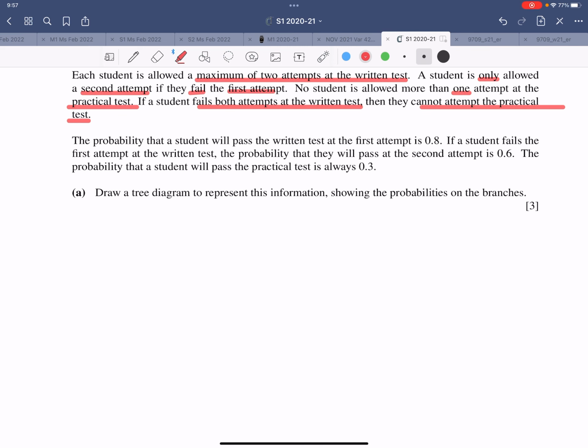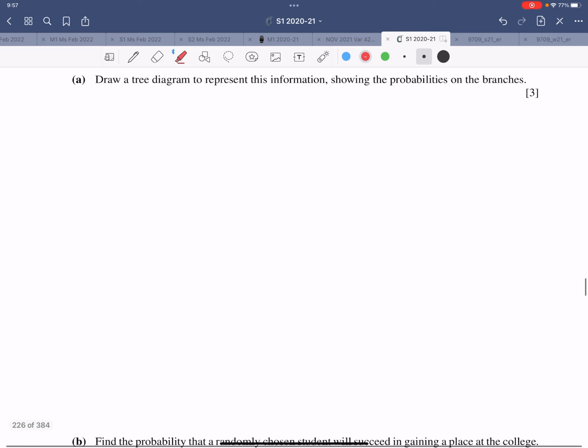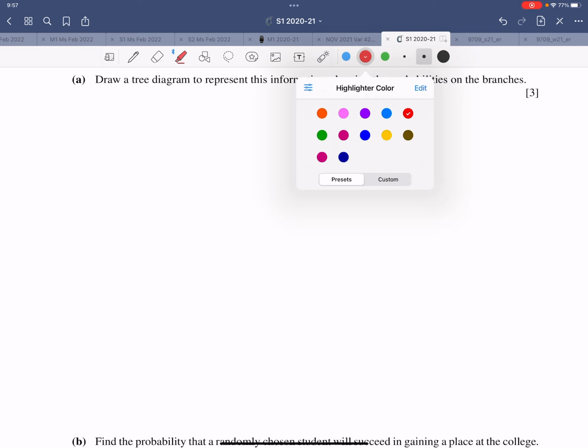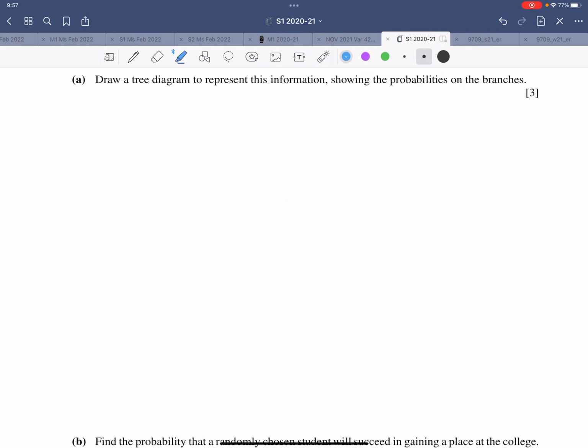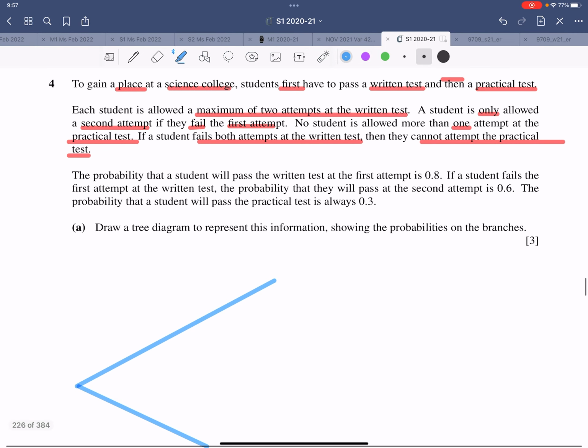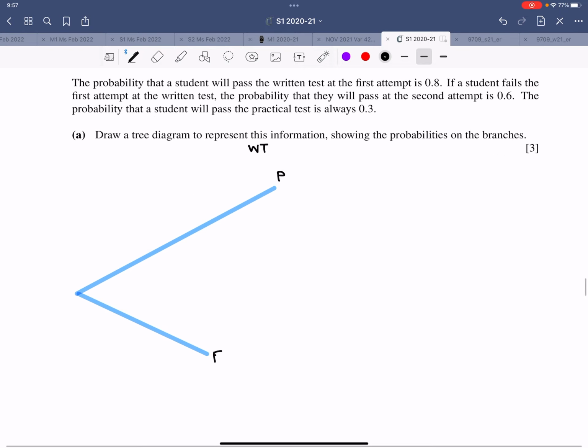Let me first start labeling it. So first of all, there should be a big line and then a small line. Why am I making it like this? Because this is passing on the first attempt, this is the written test, this is pass, this is fail, and this is the first attempt.